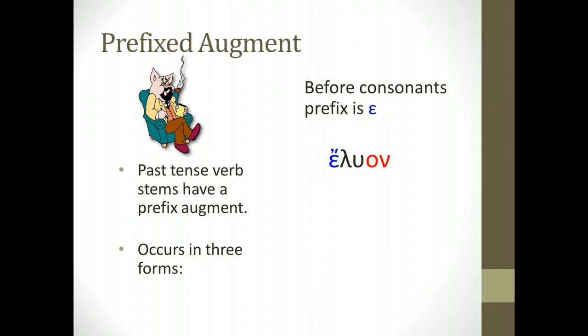Lu is our stem, and then we put our imperfect endings. And here's another example using the word ballo. It becomes eballon, which is "I was throwing" or "they were throwing."